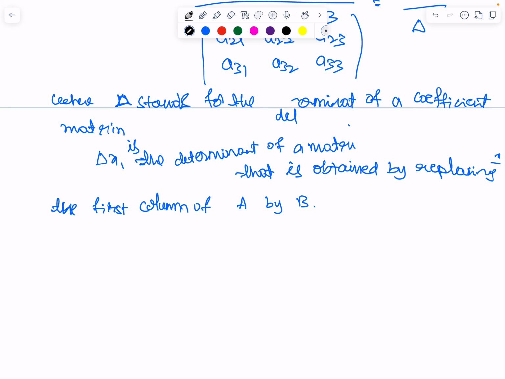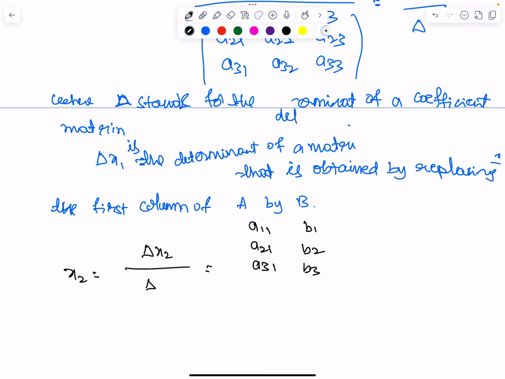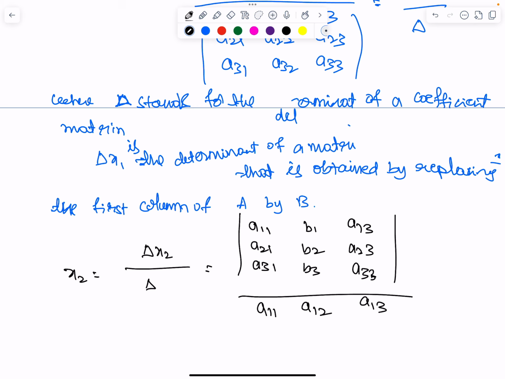Once you find x1, you have to find x2. In the same notation, you leave the rest of the columns unchanged except the second column of A. The second column of A you replace by the entries of B. This is the standard notation for the determinant.